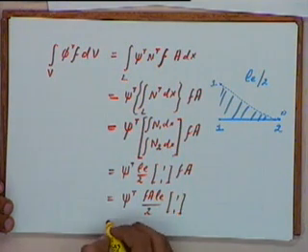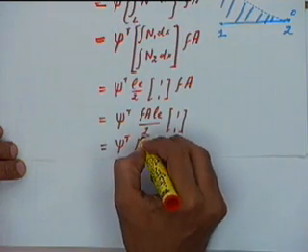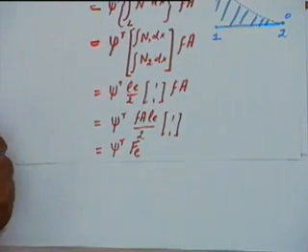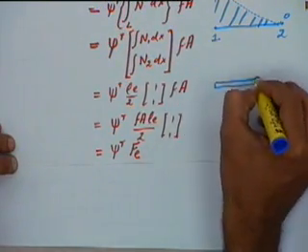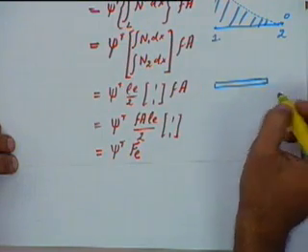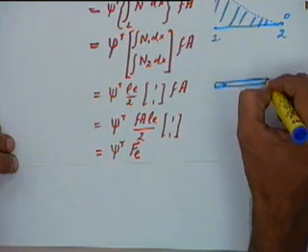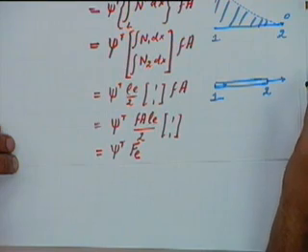Okay, and we can write this as psi transpose into, let us say, a body force vector Fe. Effectively it means that if we have an element like this, the total body force that is acting will split equally into two parts, one acting on the first node, the other acting on the second node.